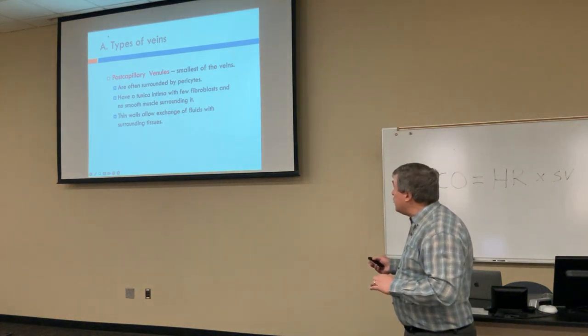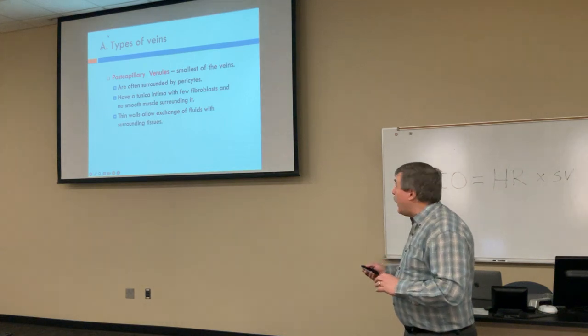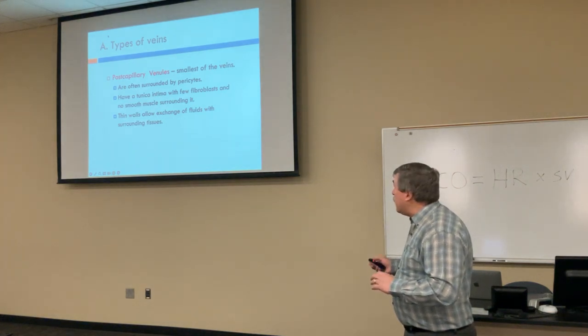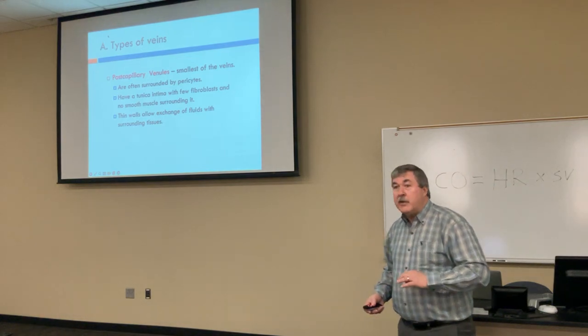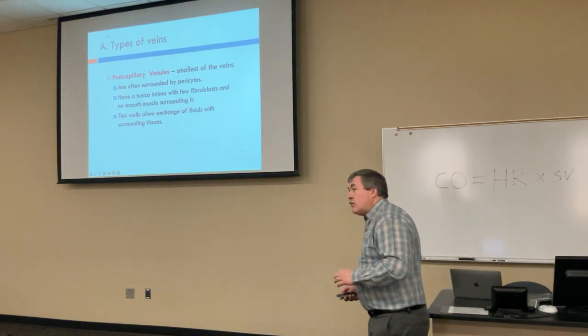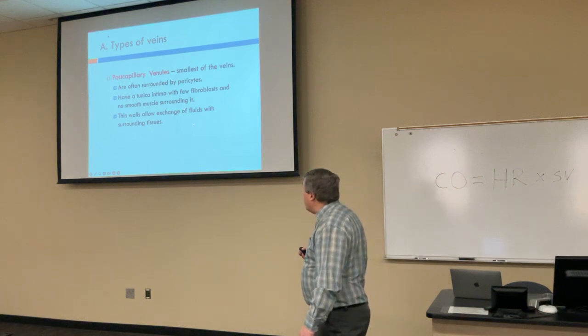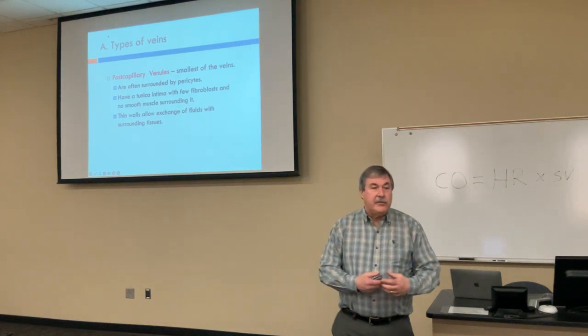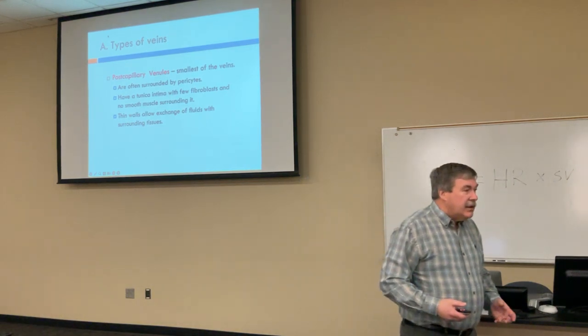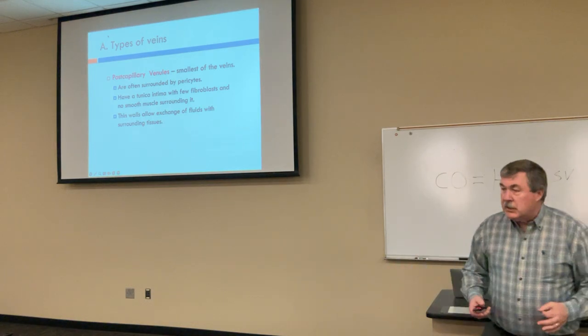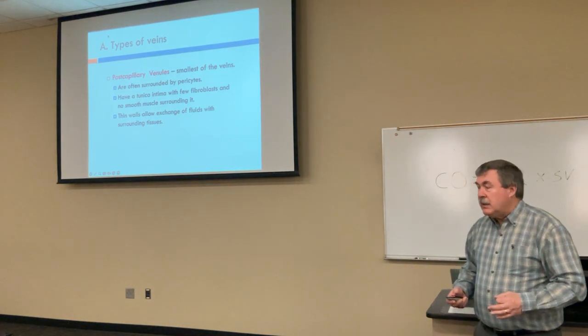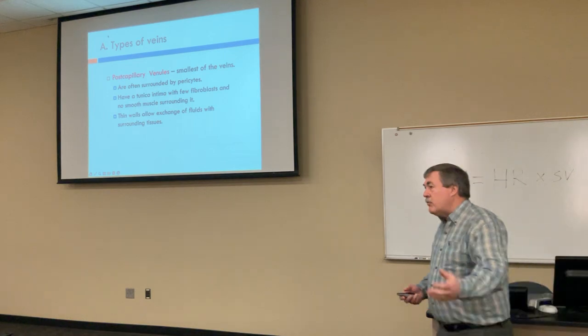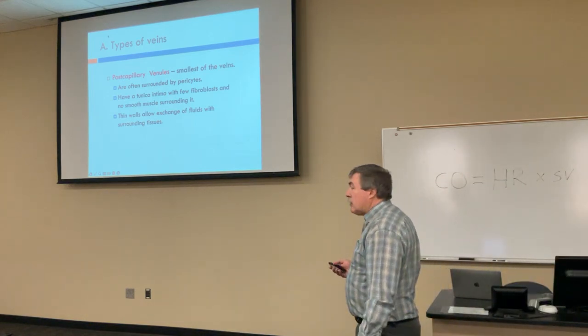Postcapillary venules have a tunica intima with few fibroblasts and no smooth muscle surrounding it. And so their thin walls allow for the exchange of fluids with surrounding tissues. So they're very leaky. A lot of the fluid from the blood leaks out of the smaller venules. That's one of the reasons why we need a lymphatic system to return that fluid back to our circulatory system.